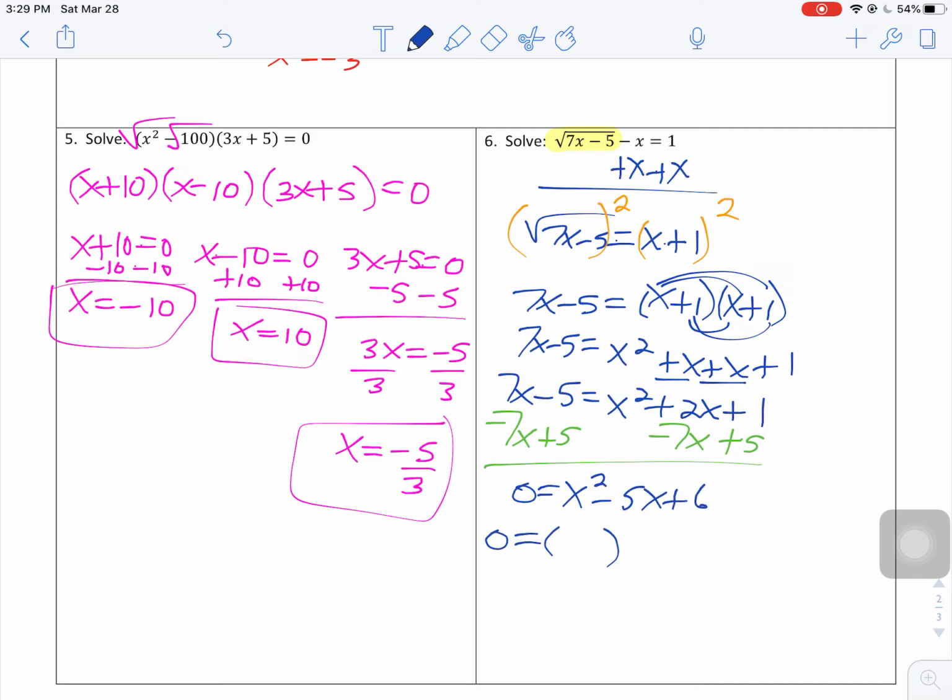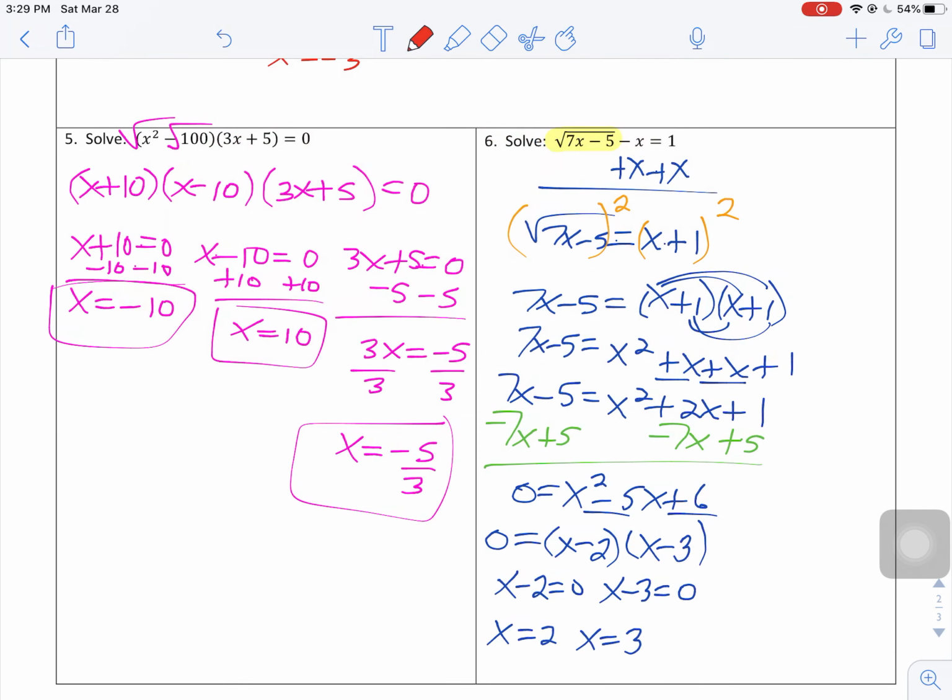And then that's a basic trinomial. So we're looking for two numbers that multiply to 6 and add to negative 5. Negative 2 times negative 3 is positive 6. Negative 2 plus negative 3 is negative 5. Set each factor equal to 0, and you get 2 and 3 as your two answers.